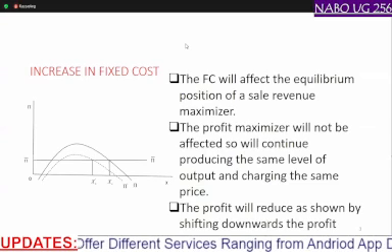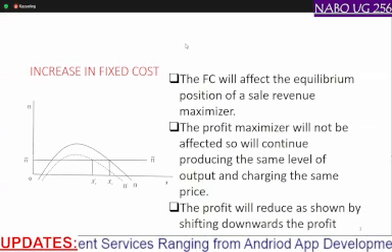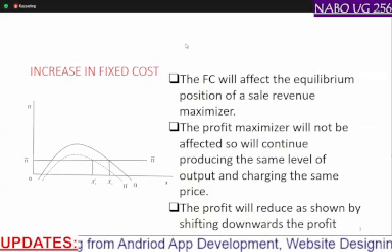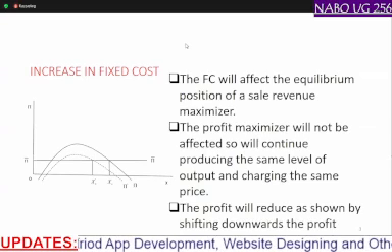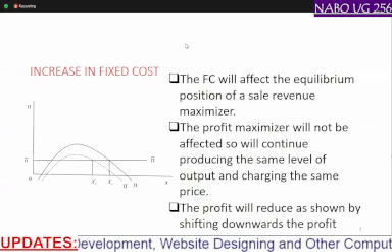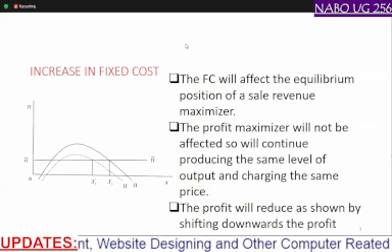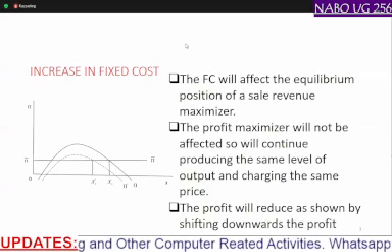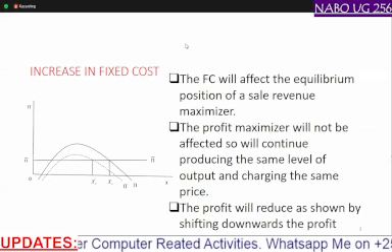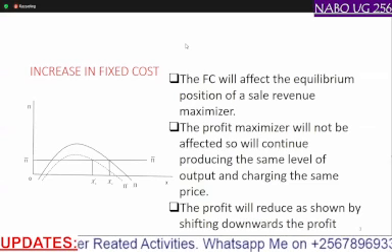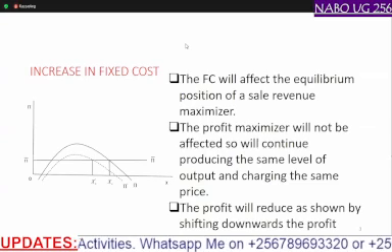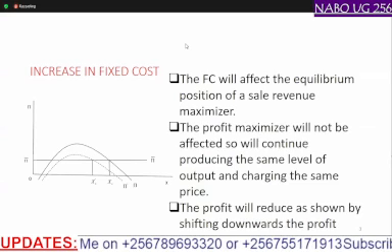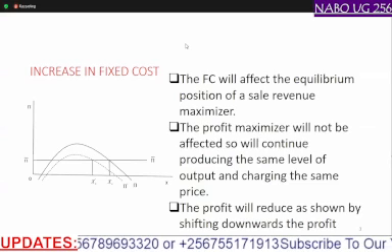Now this fixed cost has gone up. When it goes up, the gap between revenue and cost is going to lower. If fixed cost goes higher, the gap will reduce proportionately, so profit is going to come down by this same gap.